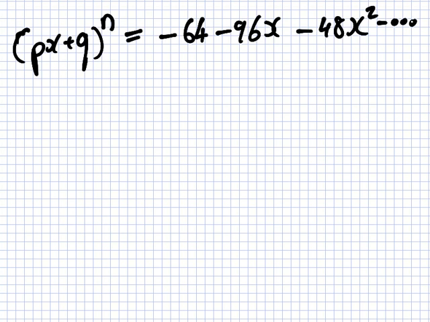Find p, q, n. You mentioned the p is smaller than 0 and q is smaller than 0. So p and q are both negative. Yeah. Okay. Can we all look at this now, Sarah?